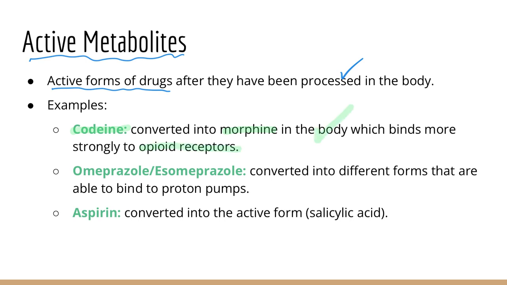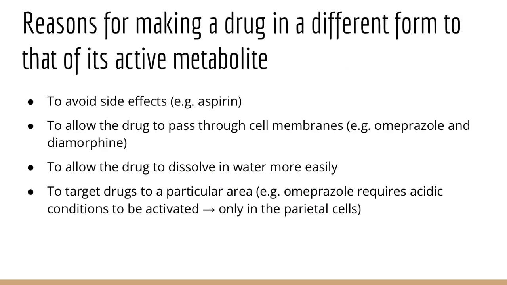The two proton pump inhibitors get converted into protonated forms, which are then able to bind to the proton pumps. And aspirin is also converted into its active form, salicylic acid. I think it's neat to see these different types of drugs in their active metabolite form.